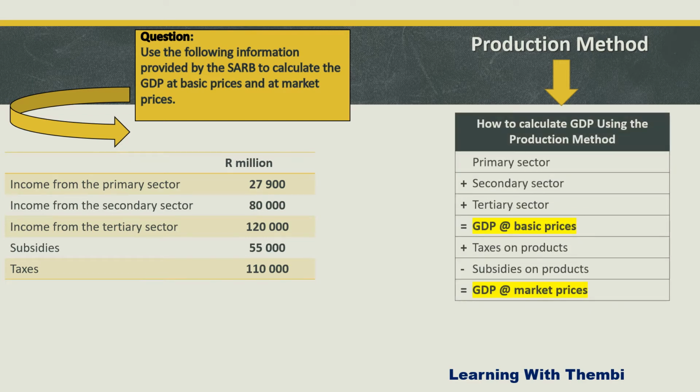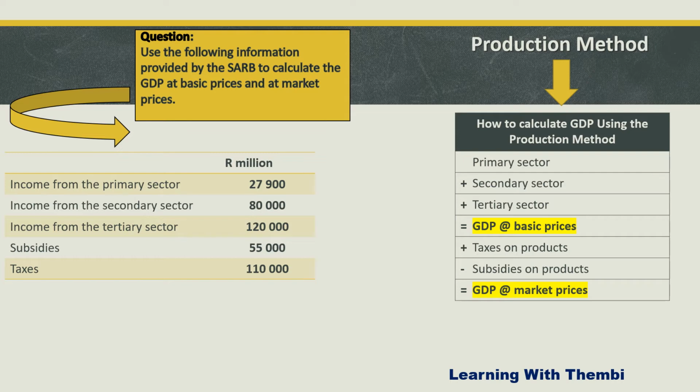Here's the formula that I have presented to you in the previous slide: when you're calculating the GDP at basic prices using the production method, you have to add the values of all the sectors of production. And also, if you want to calculate the GDP at market prices, you then have to add the taxes on products and subtract the subsidies on products on the GDP at basic prices.